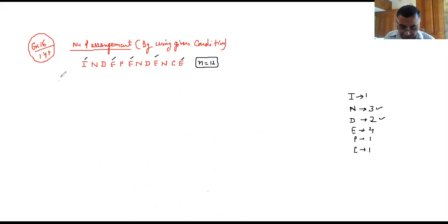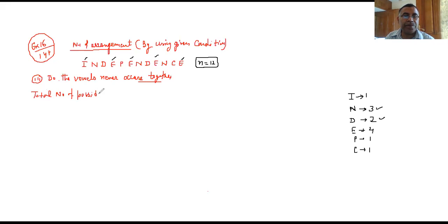Third, do the vowels never occur together? Under these circumstances, what we will do is take the total number of possibilities minus the cases when the vowels occur together.